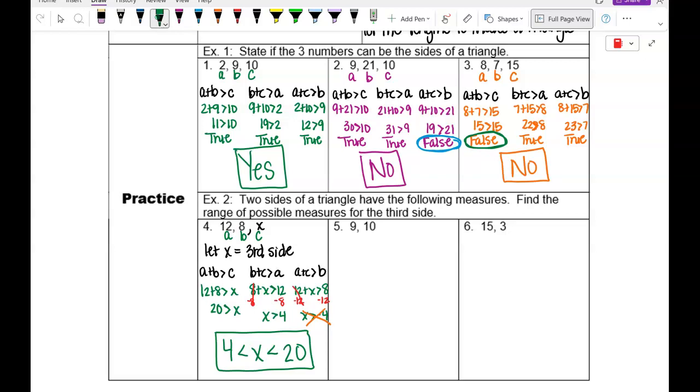So the second one, they give us possible values of 9 and 10. So again, I'm going to say let x equal the third side.